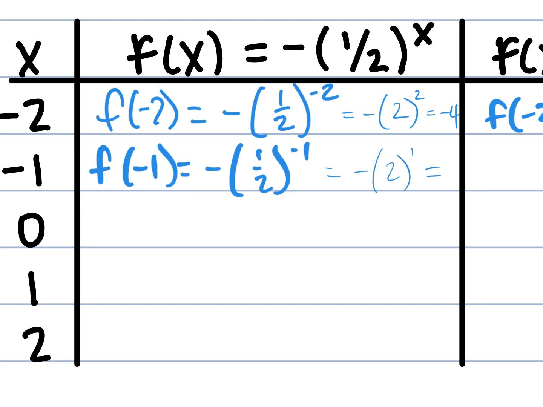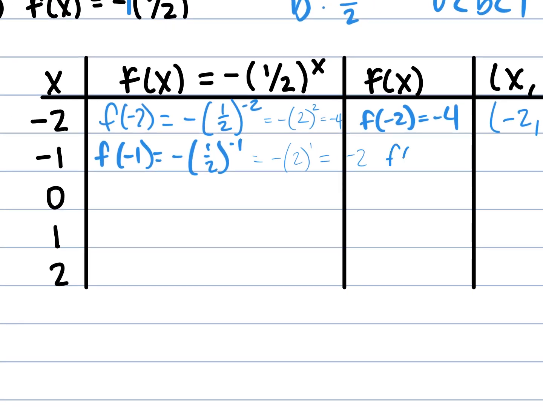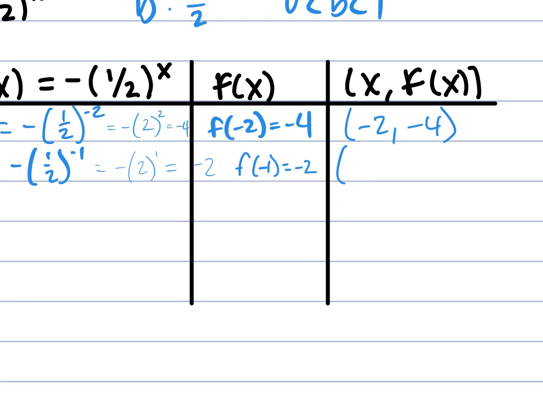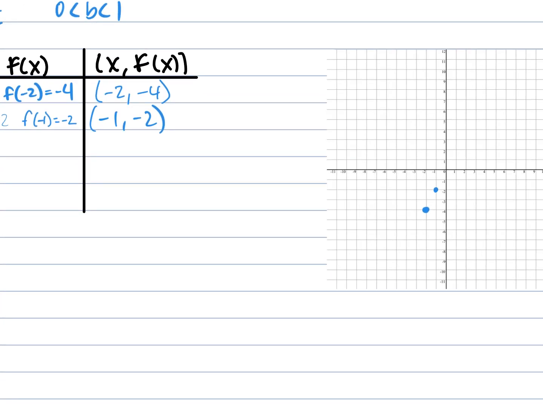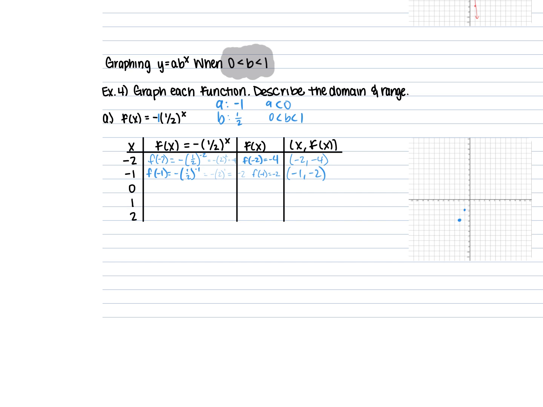Very good. Okay, so f of -1 is -2. Alfonso, what point is that? -1, comma -2. Very good. So we go to -1, we go down to -2. Here's our second point. You guys, same thing as last time. You fill in the rest. Let's compare at the end. Go.